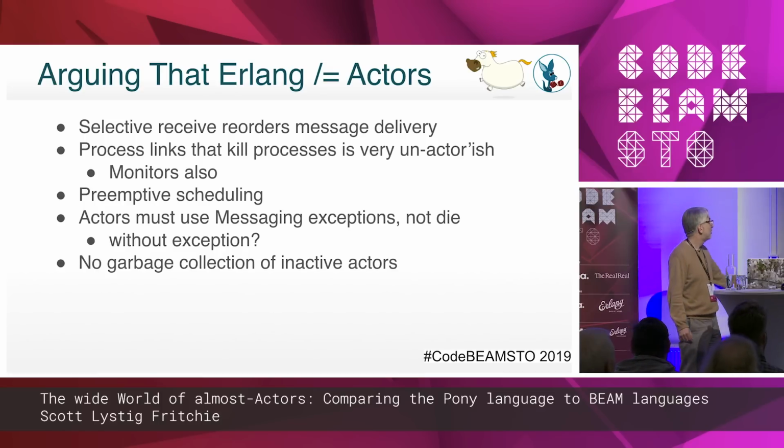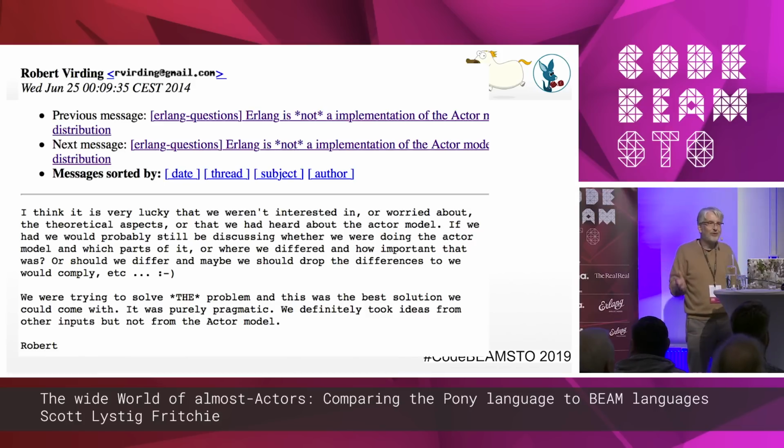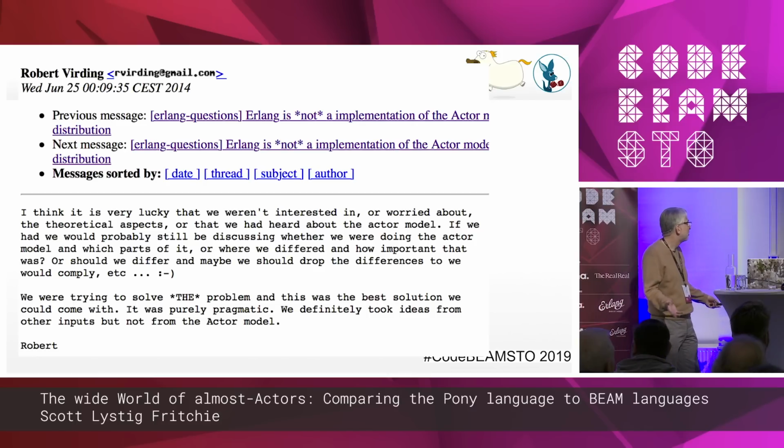So in response, Robert Virding says, thank God we didn't know anything about the actor model. We would have gone down this rabbit hole of, what is the actor model, and are we doing the right thing? Are we going to make Carl Hewitt happy if we ever see him at a conference or something. I'm filling in there. You can actually read it. He says we were actually trying to solve the problem, telecoms, switch development, maintenance, etc. And this was the best solution that we could come up with, and that it was purely pragmatic.